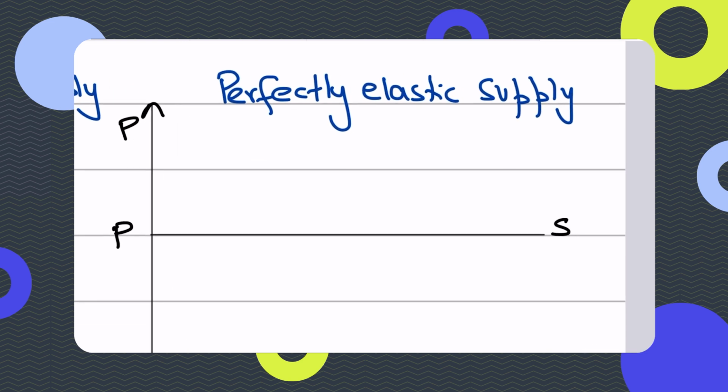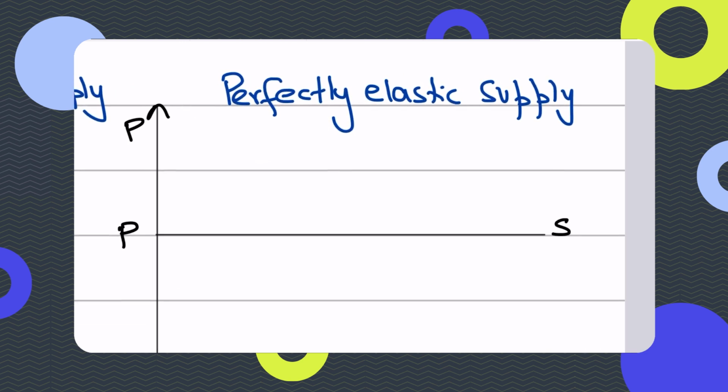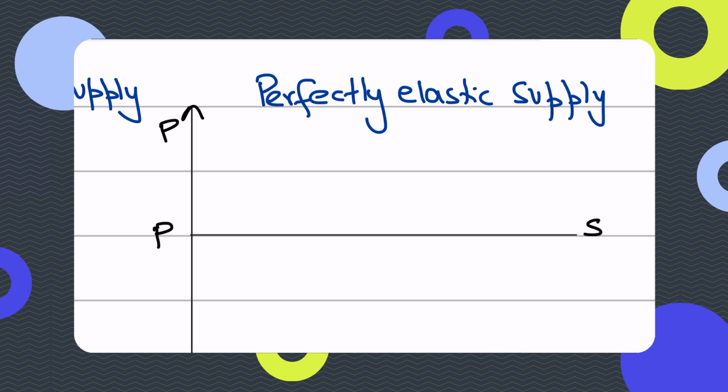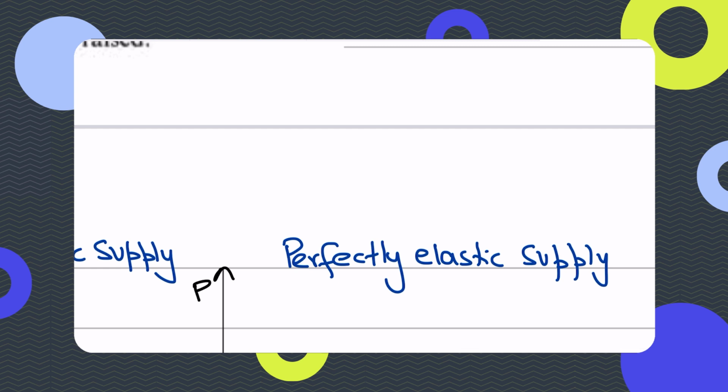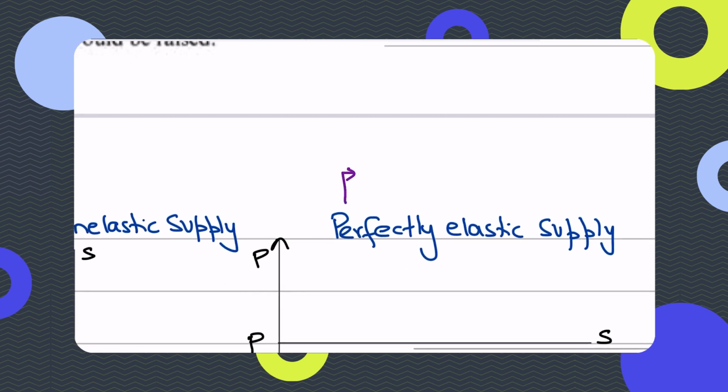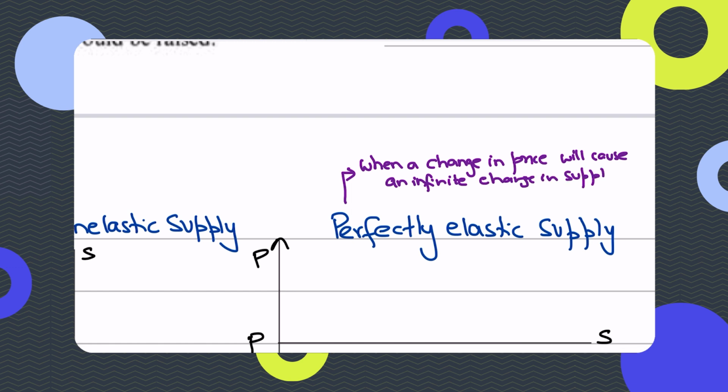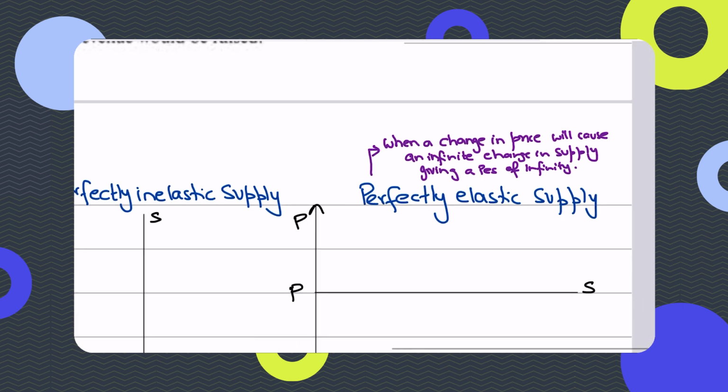This means that a change in price will cause an infinite change in supply, giving a PES of infinity. That's all that you need to learn, and this is more relevant for MCQs only.